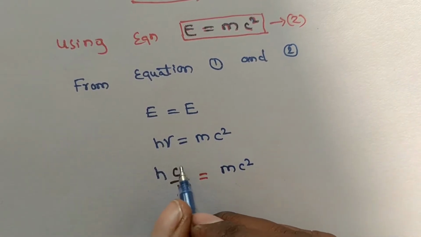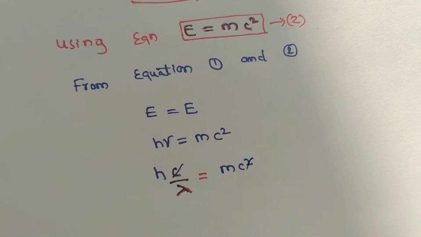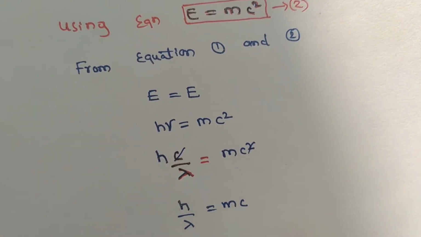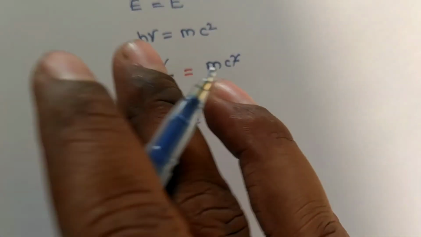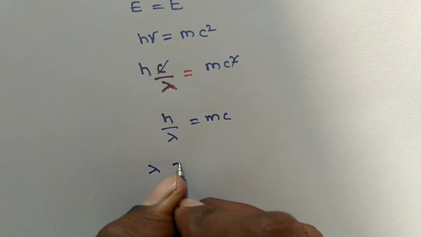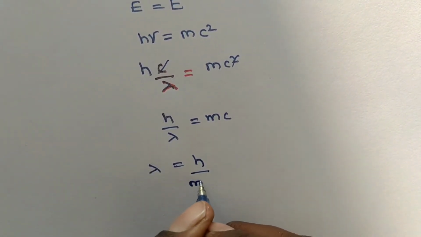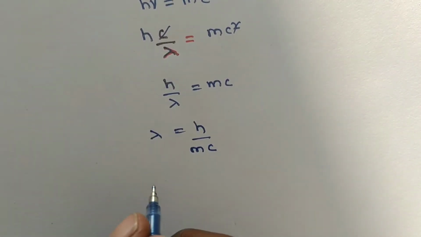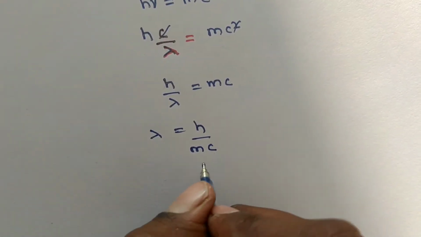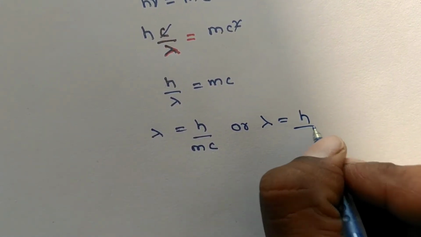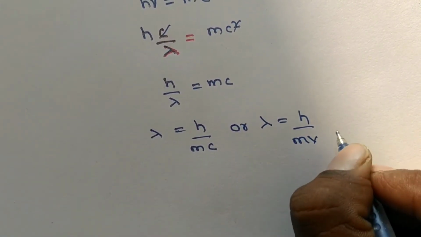Then c gets cancelled, remaining h divided by lambda is equal to mc. We want to calculate de Broglie wavelength, that is lambda is equal to h divided by mc, or lambda is equal to h divided by mv.